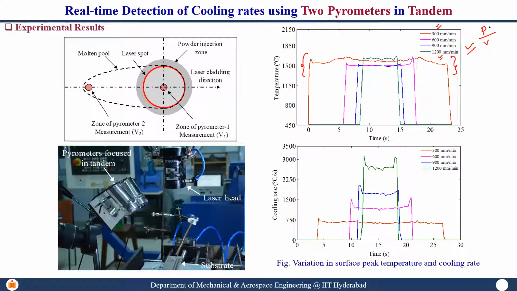Let us assume I have used something like 1000 watt. In the first case, it is 1000 by 300. In the last case, it is 1000 by 1200. Now you can see that the first one is much higher than this value, line energy. And even after that much increase in the line energy, there is no change in the peak temperature.